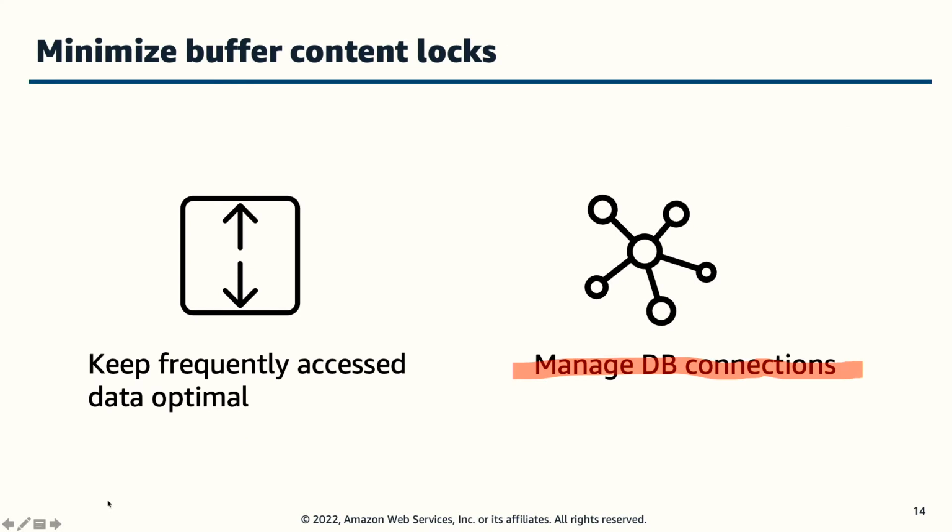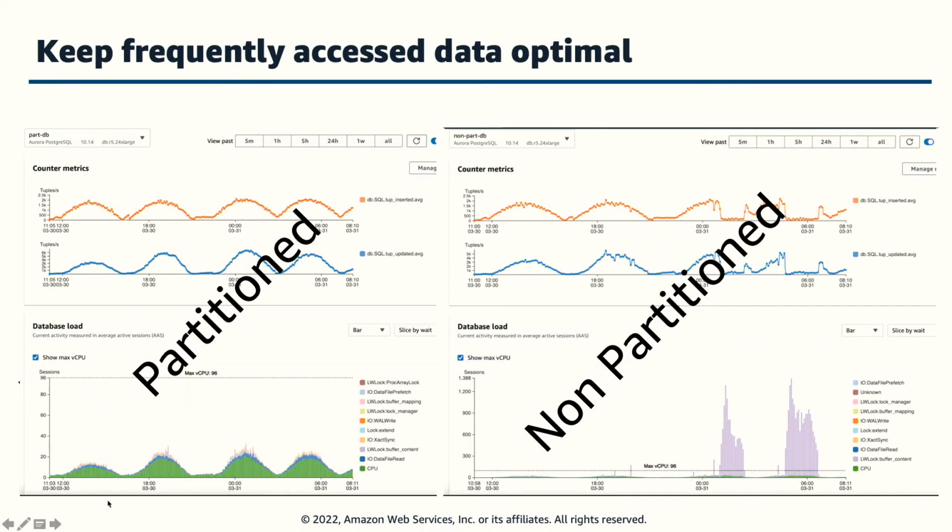Another interesting part, if you can go back, is that even before we partitioned, we were scaling up the database vertically. What you're looking at is the DB at the 24xlarge instance, the largest instance.